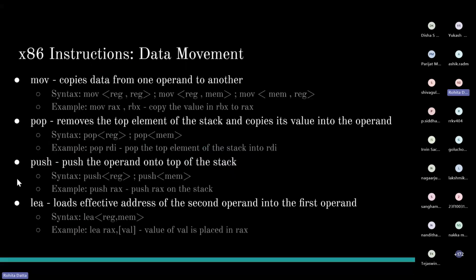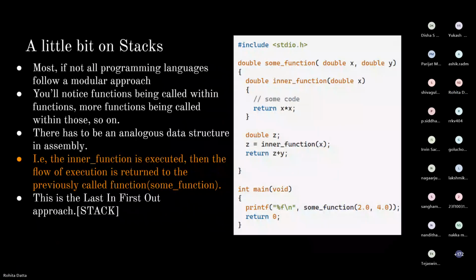Basically, this whole approach is called the last in first out approach, because first the innermost function is executed, and then the flow of execution is returned to the previously called function. So in this case, you can see that first main is called, and then some function is called.